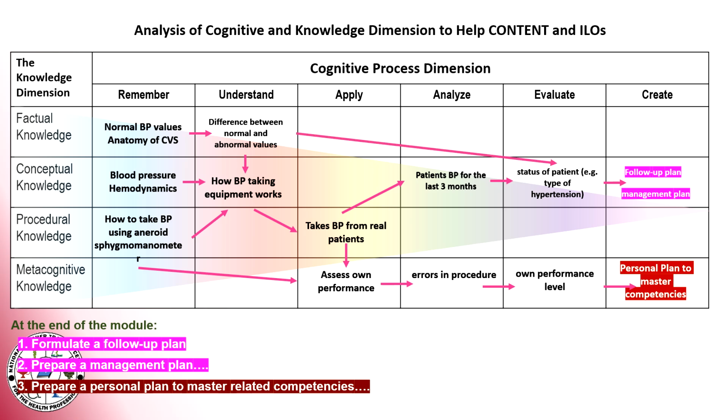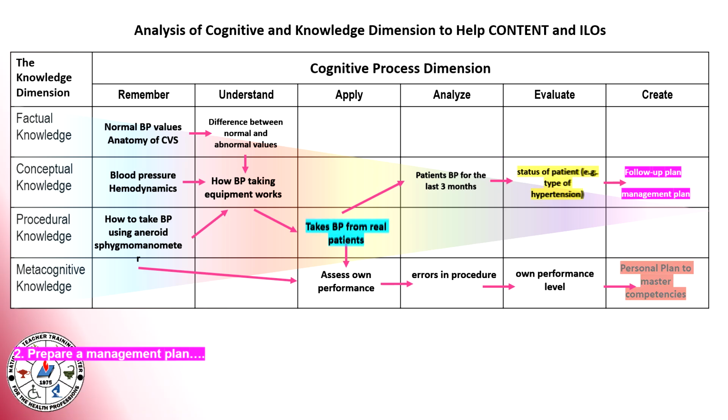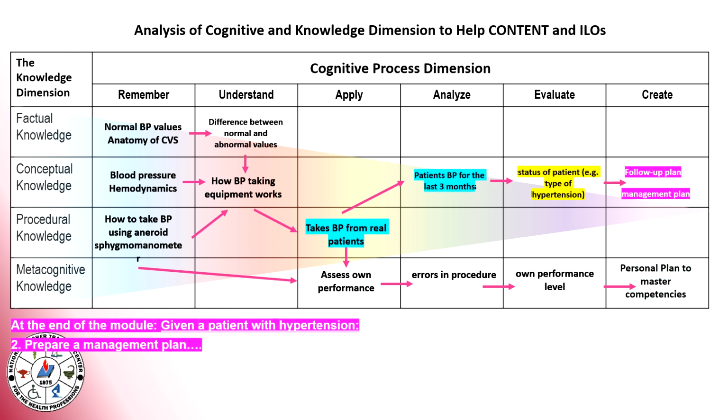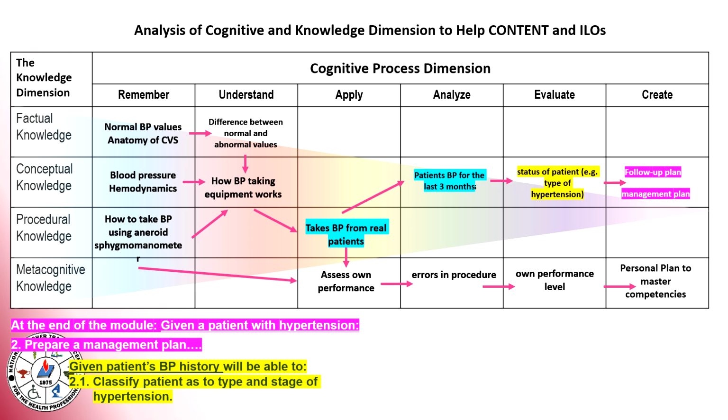So going back, then we can actually look at it backwards and see what we can formulate out of that. So to prepare a management plan, the student should be able to classify patient. That will be evaluative, right? Classify patient as to the type and stage of hypertension.